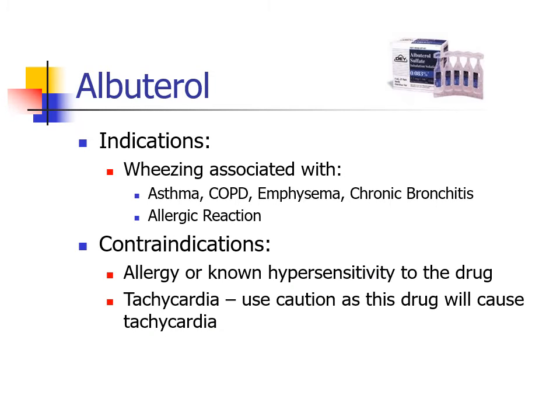Albuterol. Indications: wheezing symptoms associated with asthma, COPD, emphysema, chronic bronchitis, and allergic reactions. Contraindications are going to be an allergy or known hypersensitivity to the drug, and tachycardia. Please note that this drug will also cause tachycardia.